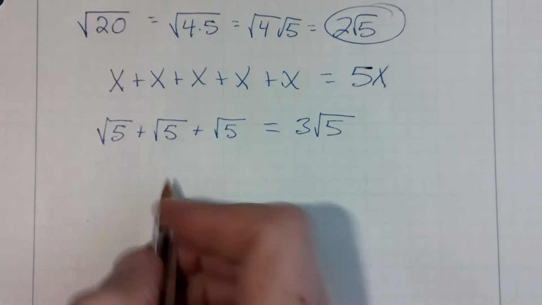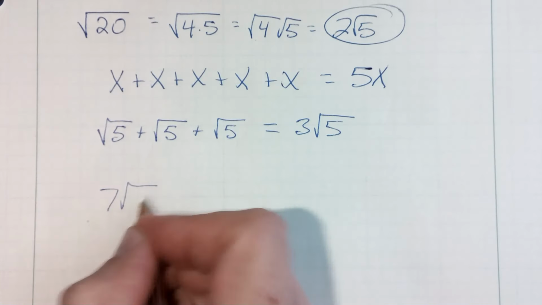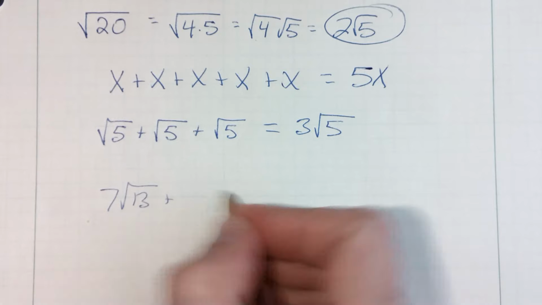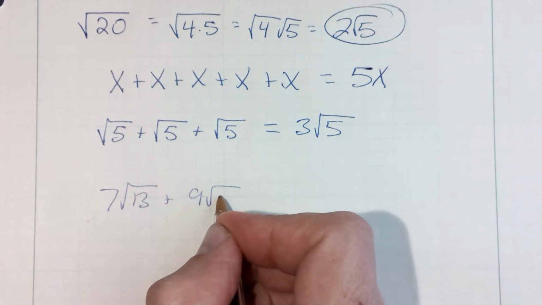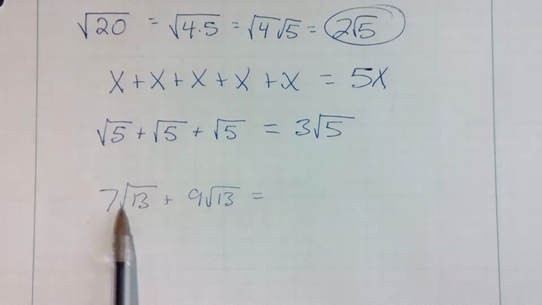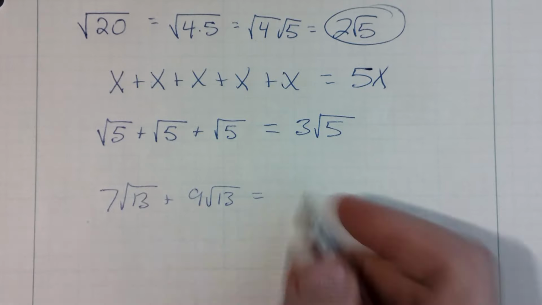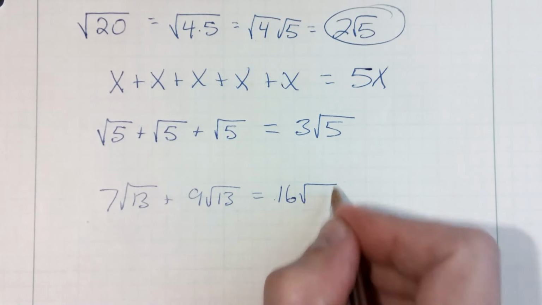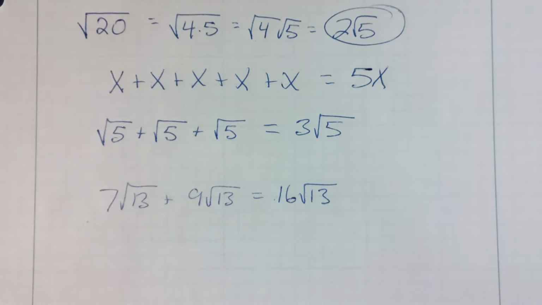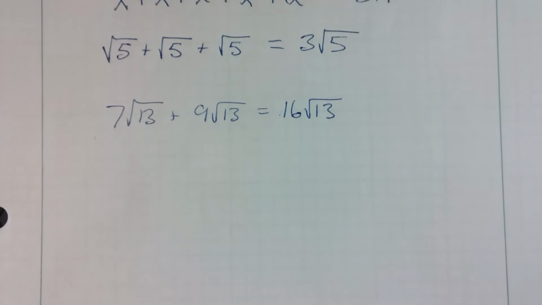So if I give you 7 square roots of 13 and I add it to 9 square roots of 13, as long as they're the same square roots, I have 7 of them here, I have 9 of them here, both are the square root of 13, I have a total of 16 square roots of 13. That's all this is, simply being able to add like square roots.